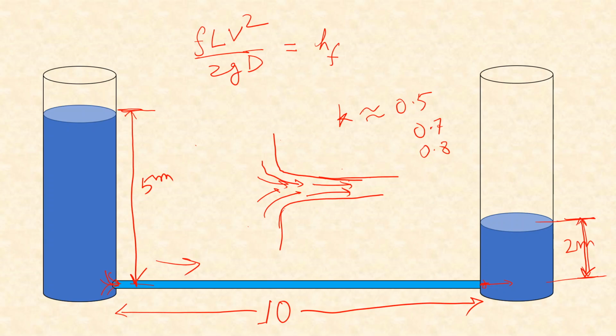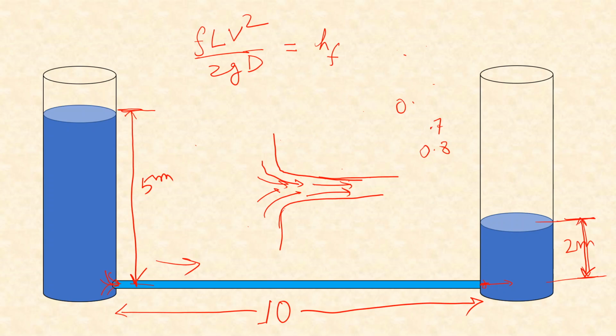In that case, this value of k will be either 0.4, and theoretically it can go to 0. It means no head loss, but some head will always be lost, a small amount. So it can go maybe 0.05 and so on. So for this example, we are simply going to take k as 0.5, which is the case for ordinary plumbing.